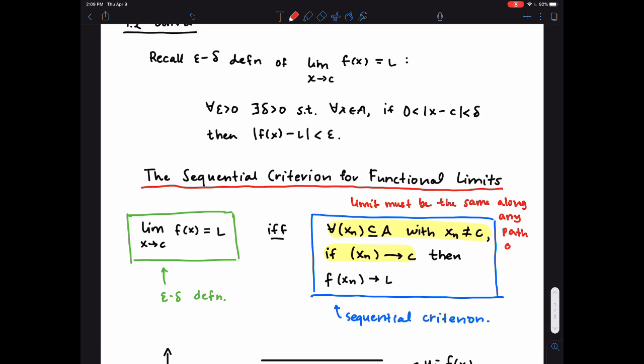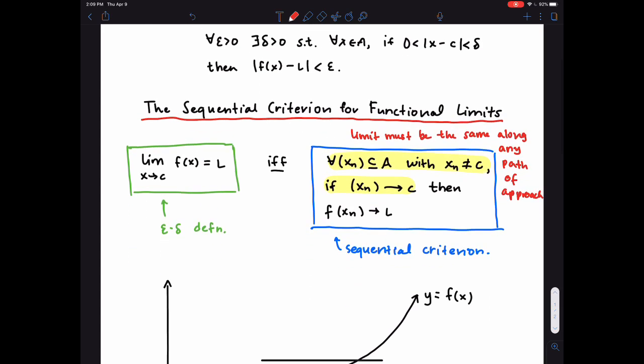When I say path of approach, I'm really just referring to the sequence of inputs that we pick that are going towards c. So we're going to prove this result in this video.